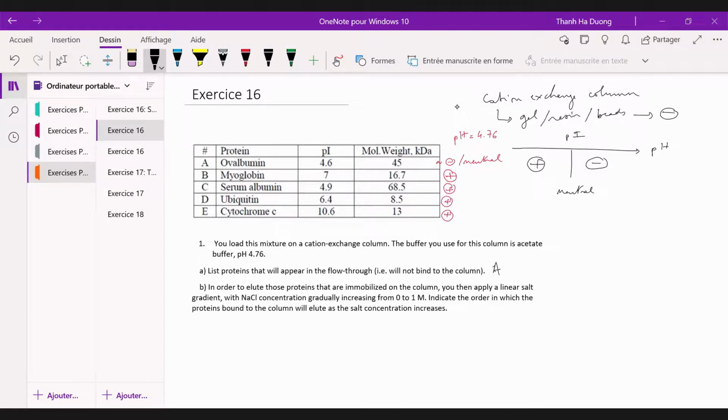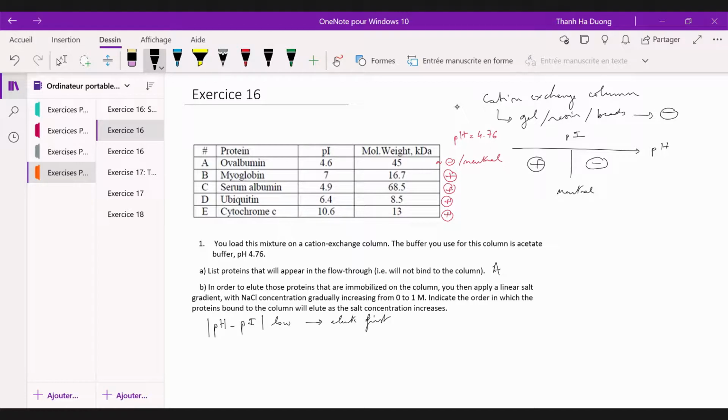Indicate the order in which the proteins bound to the column will elute as the salt concentration increases. So when the difference between the pI and the pH is low, the protein will elute first.